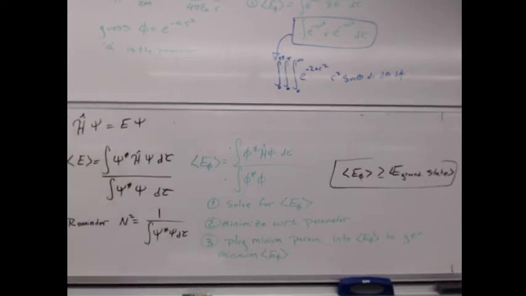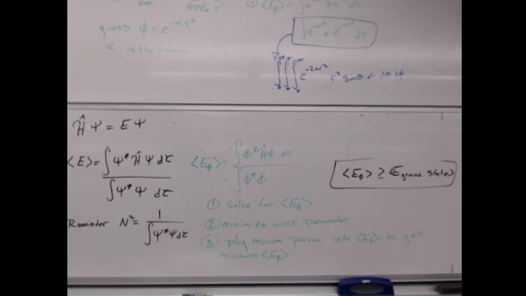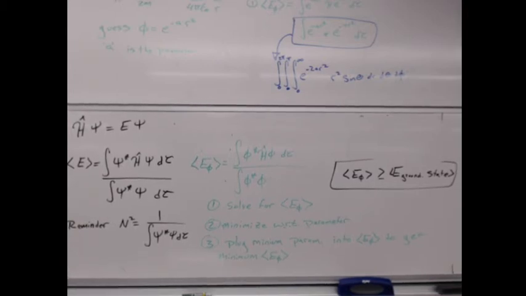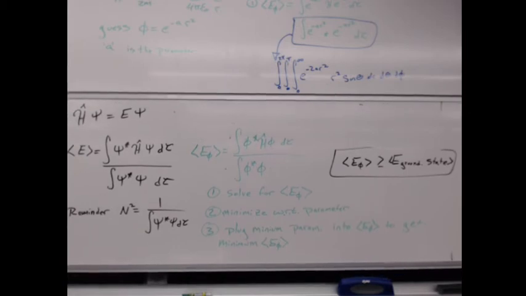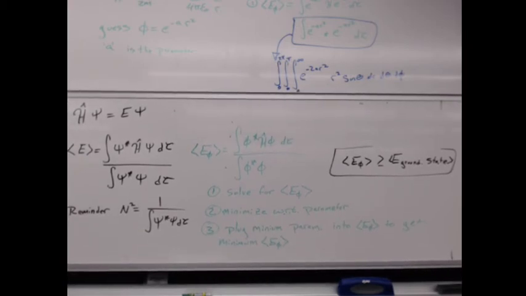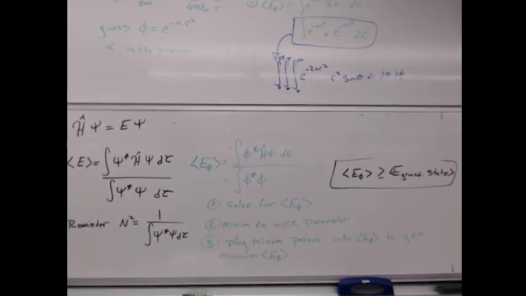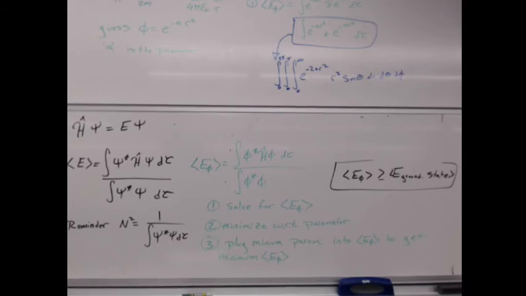Let's see. Where's my nice Gaussian integral? I'm going to write down two things for you real quick. This will be handy to know. The integral of r to the 2n e to the minus a r squared, a Gaussian integral with some generic part up front. This is for even powers of r.